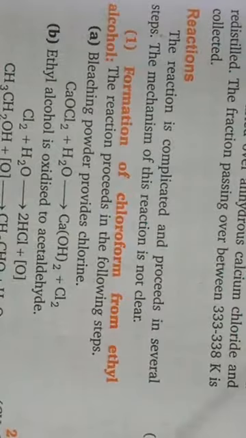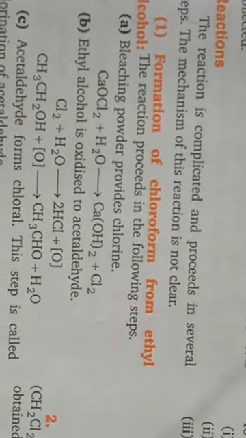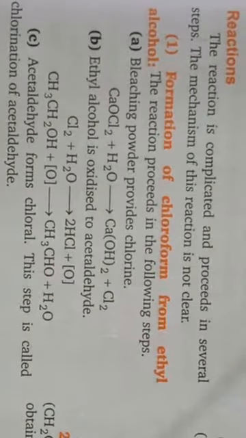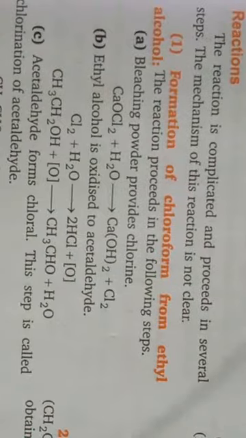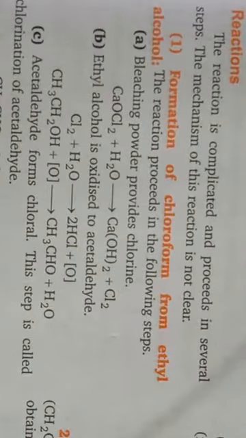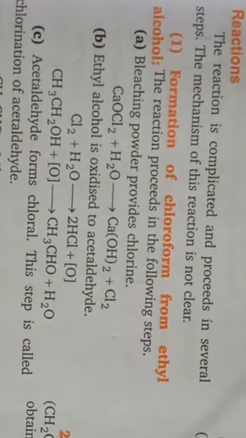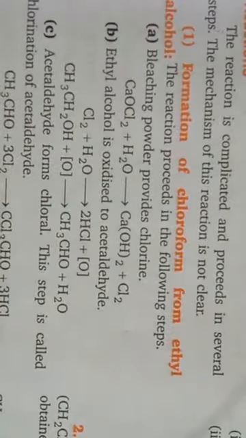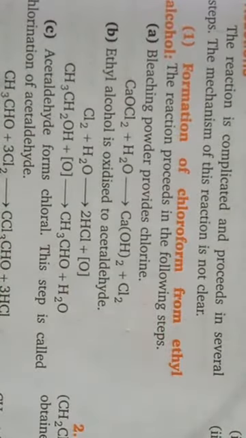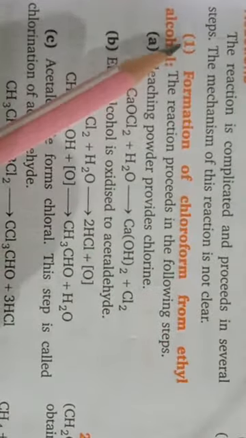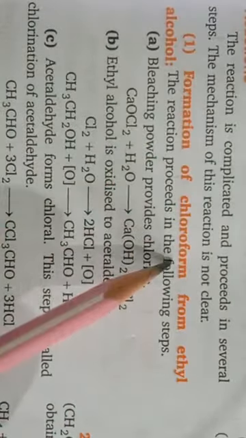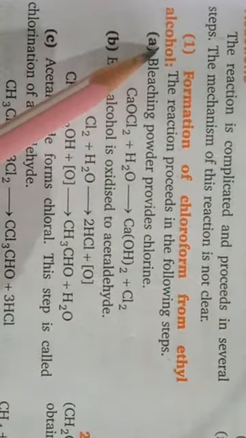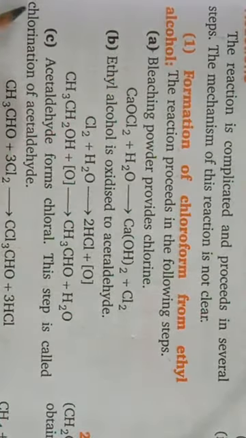So the reactions of the preparation are a little bit complicated and the exact mechanism is not clear, but we can represent the whole conversion in different steps. The first preparation is the formation of chloroform from ethyl alcohol and bleaching powder.